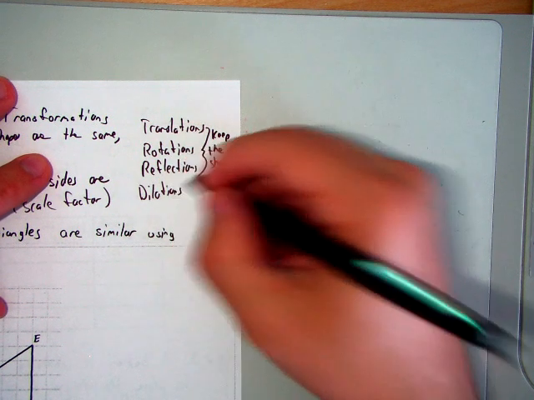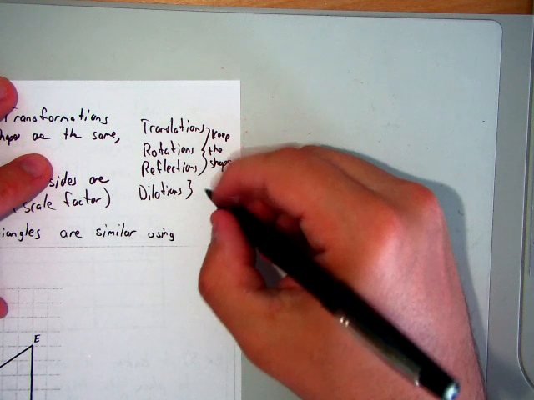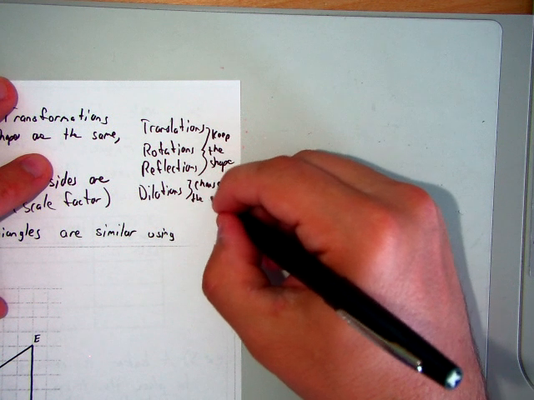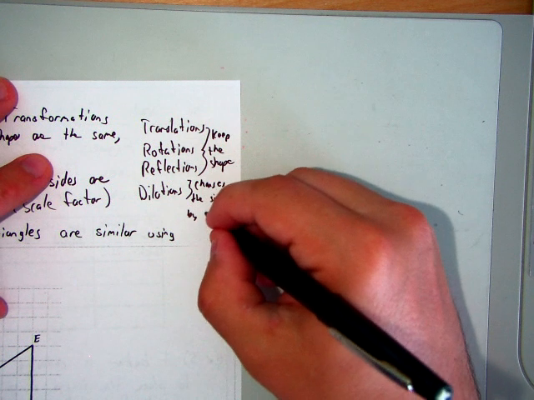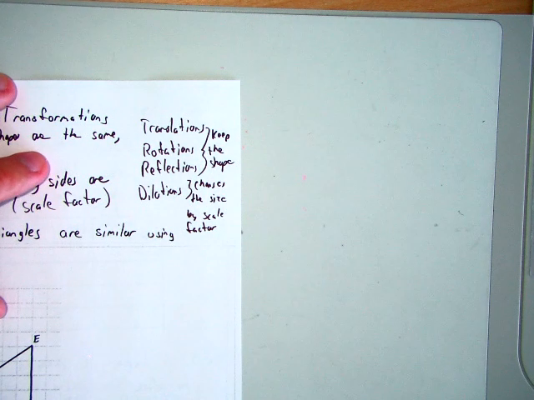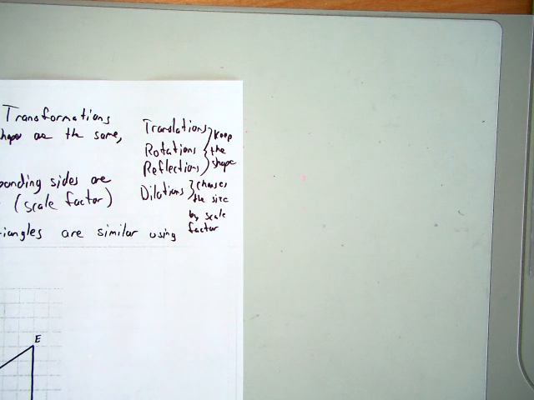The only difference now is we can use dilations because this changes the size by a scale factor. So all of those can be used. And in fact, we can use any combination of the four.